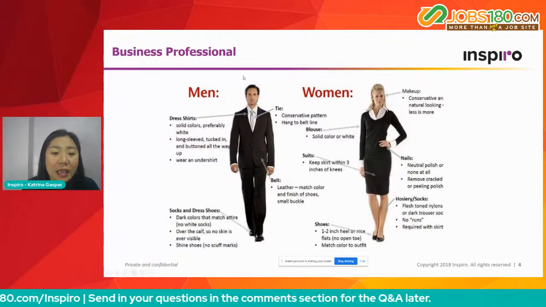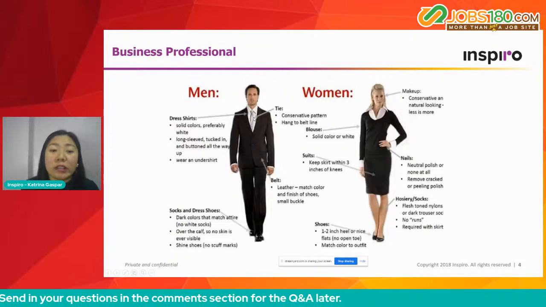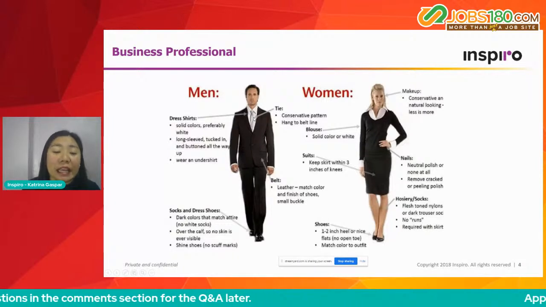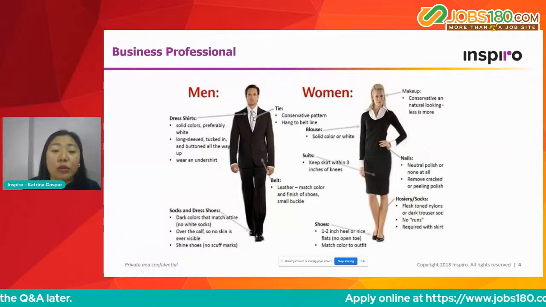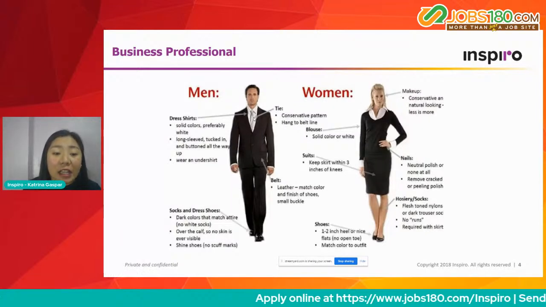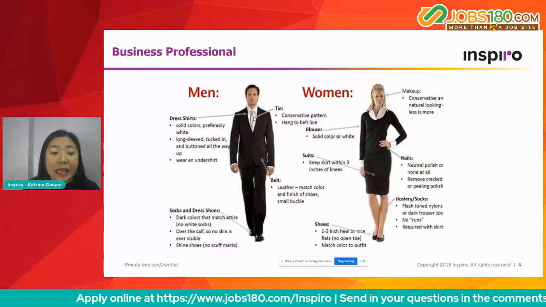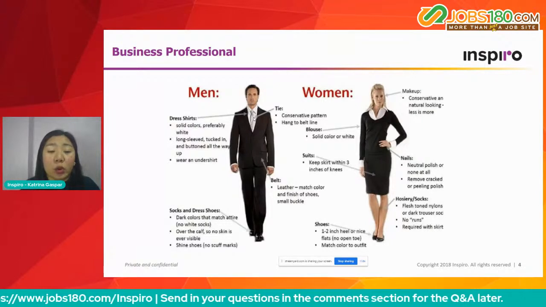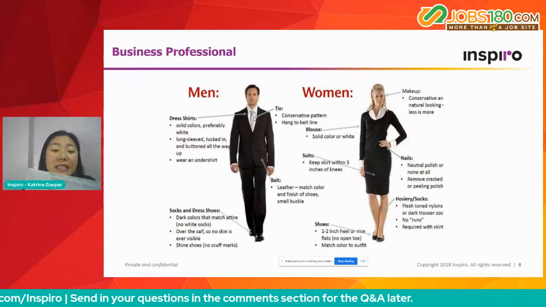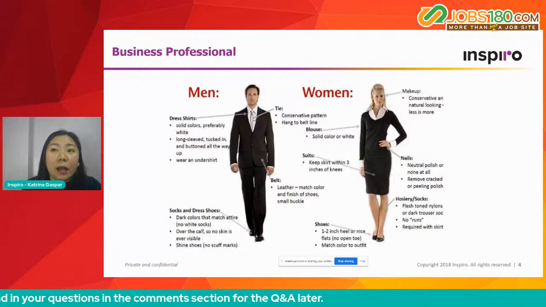Moving on to the tie. Always remember that the necktie should be very, very simple. You need to go for solid colors, not the flashy ones. If you want to have some details on your necktie, it's okay. You can go for stripes or dots, but make sure the design is very subtle.